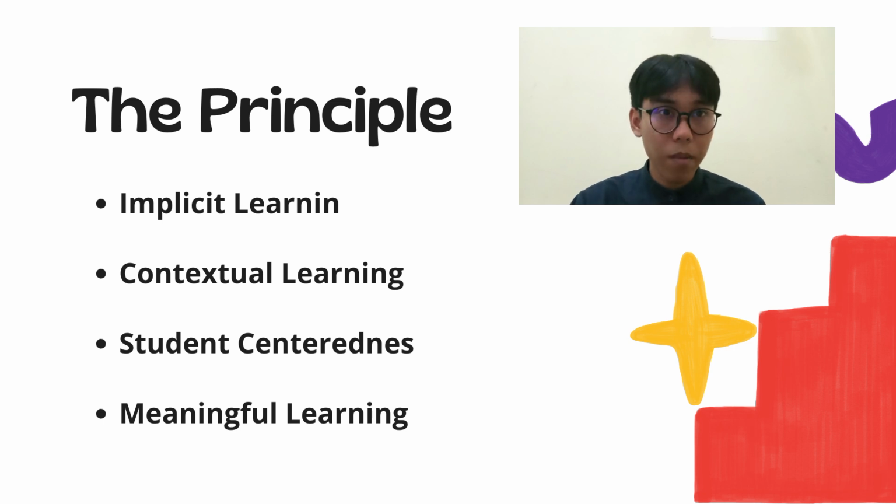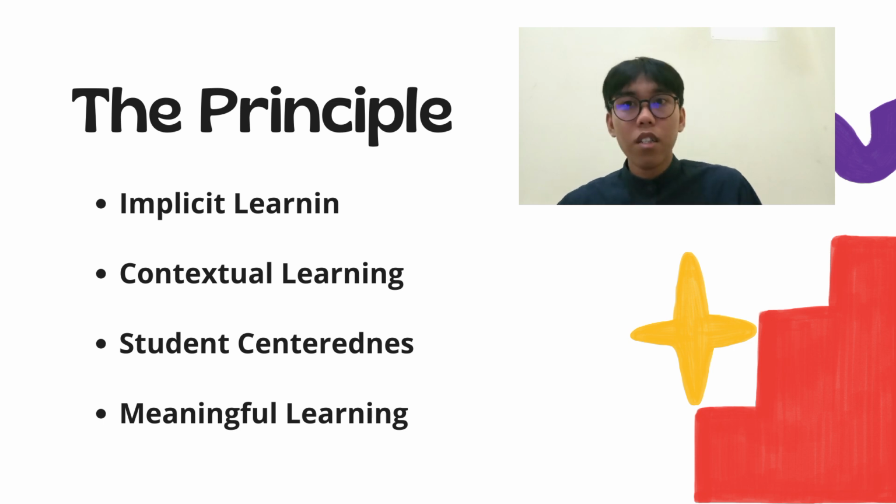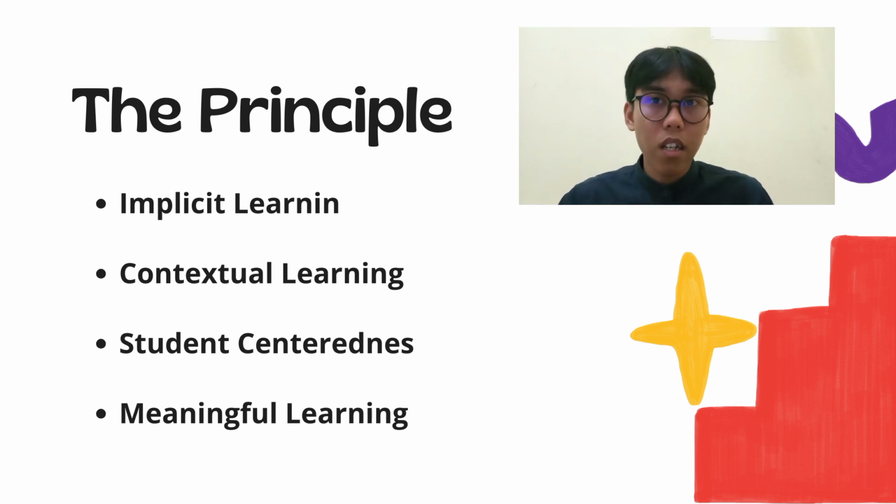The second principle is contextual learning. Contextual learning connects the lesson material to real life situations that are familiar to students. By relating the language being learned to their everyday environments, students can better understand and remember its meaning.